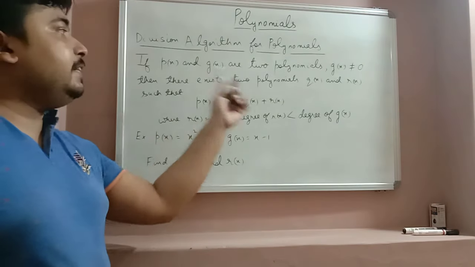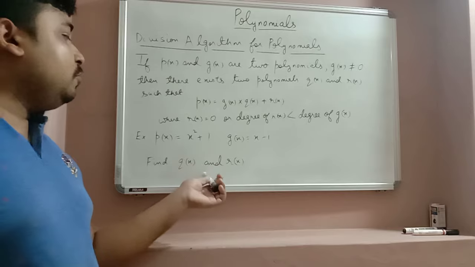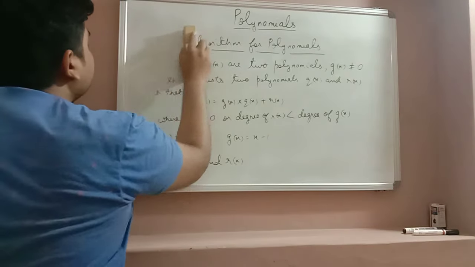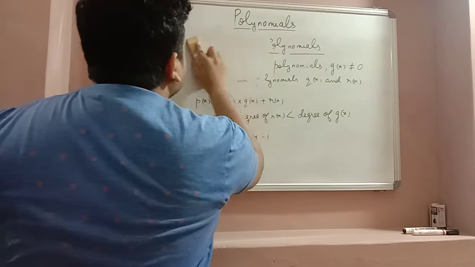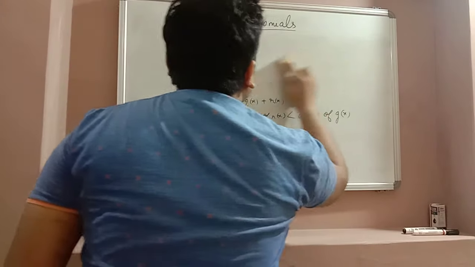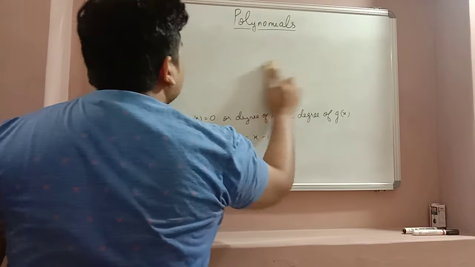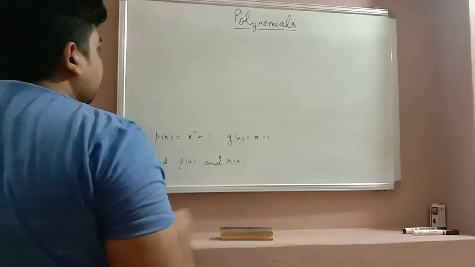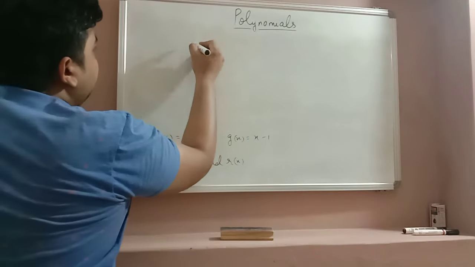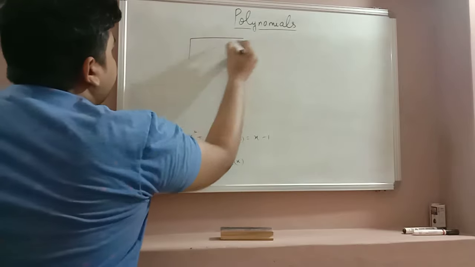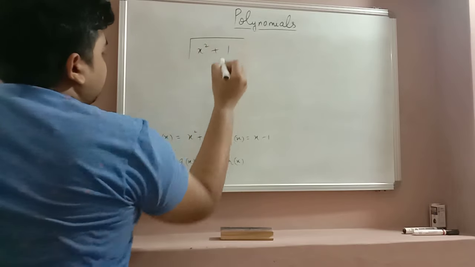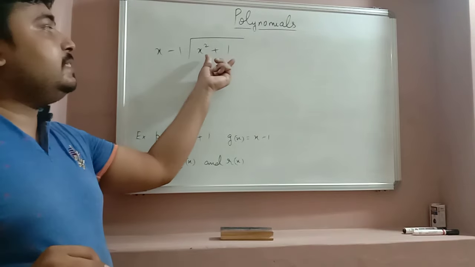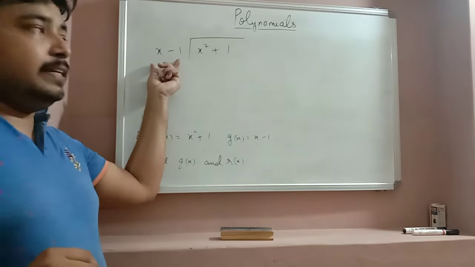So I need space, I need to rub this off in order to solve this. So here we will divide x square plus 1 with x minus 1. So I will write x square plus 1 inside and x minus 1 outside.